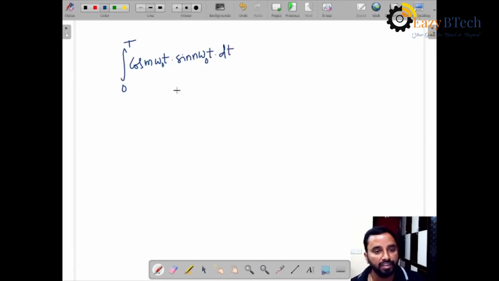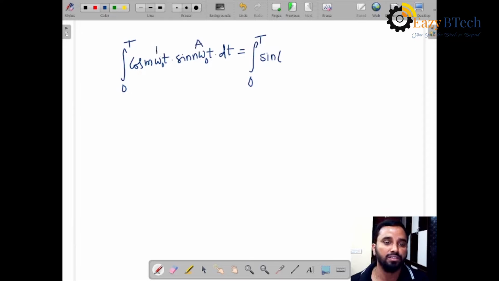If you see this integral, it is like sin a cos b, or cos a sin b, a product. In trigonometry we can write sin a cos b as sin(a plus b) plus sin(a minus b), divided by 2. Here I am taking a as n omega naught t and b as m omega naught t.